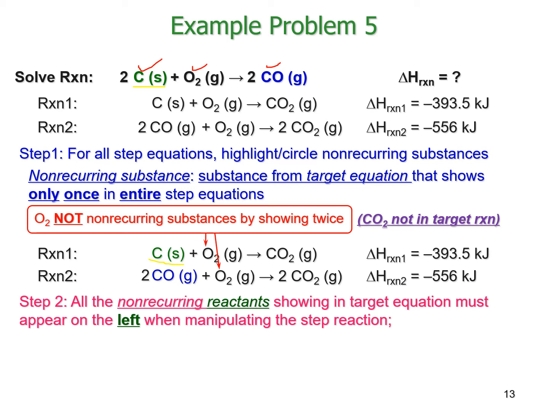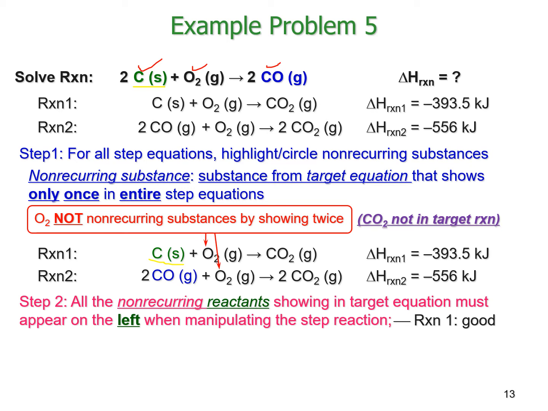That means carbon must be on the left in my reaction 1. If it is not, we need to do something about it. Obviously, in reaction 1, carbon is on the left, so reaction 1 is good in terms of the position of elementary carbon.